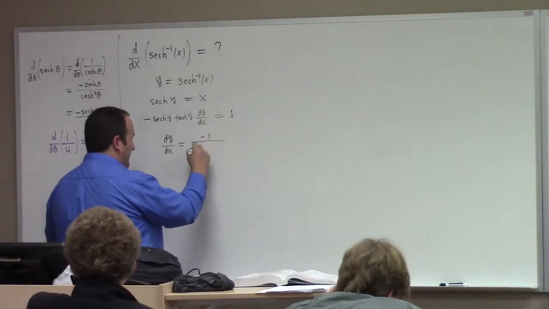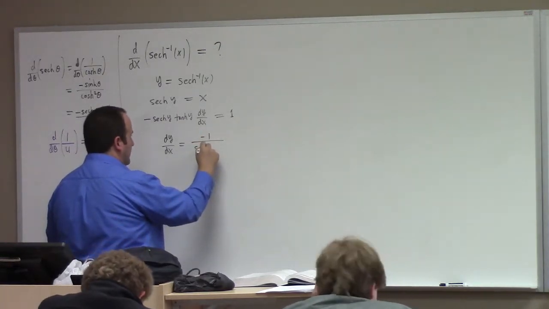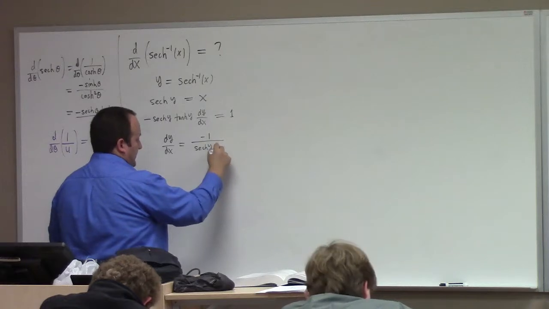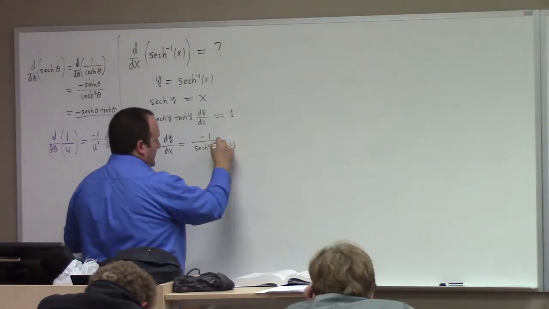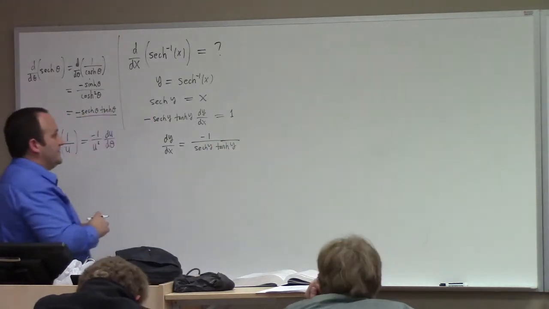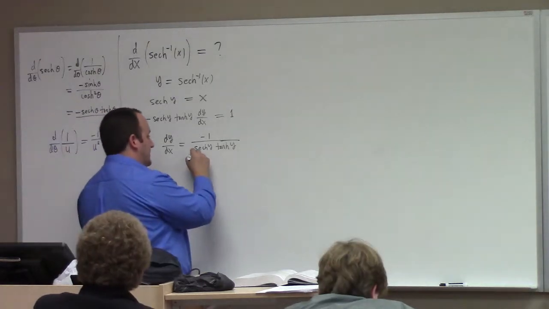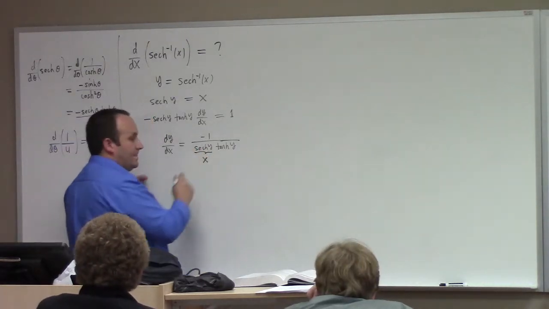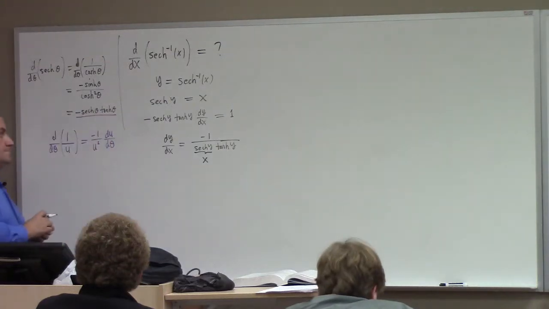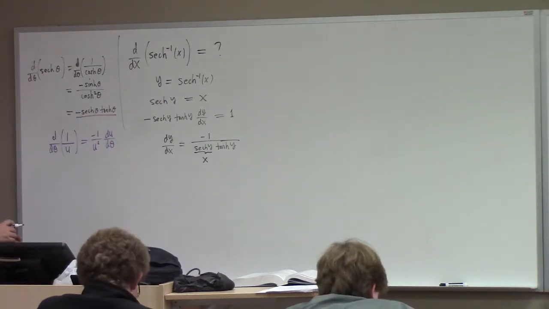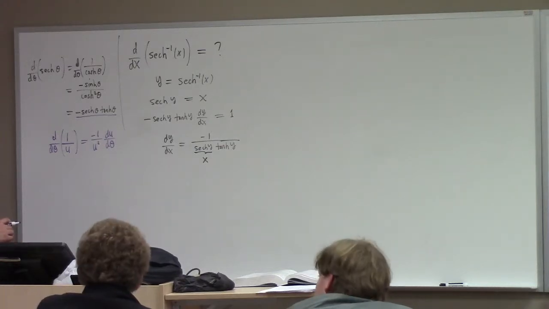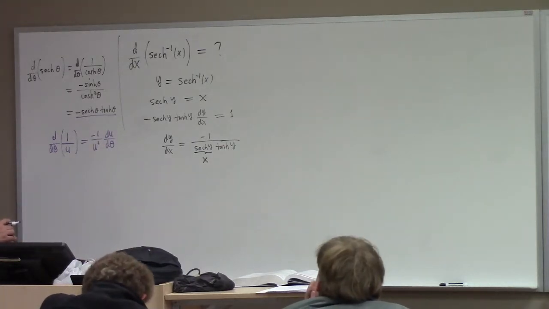Minus 1 over hyperbolic secant y, hyperbolic tangent y. Now, I don't want my answer in terms of y. I want my answer in terms of x. Oh, well, this is already x, right? So what's hyperbolic tangent in terms of x?